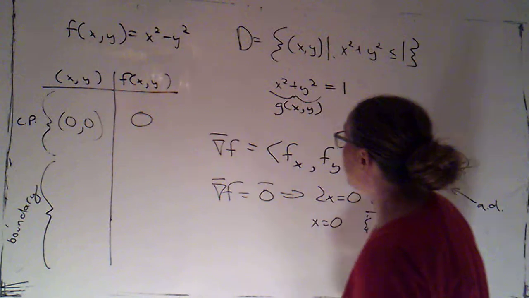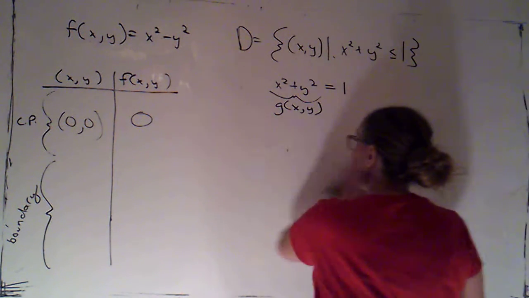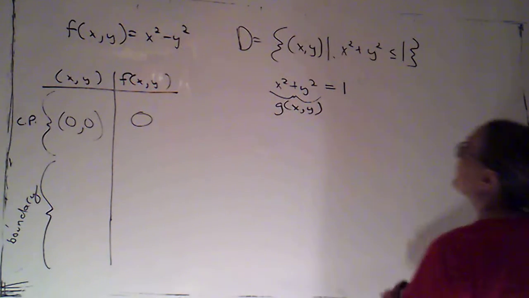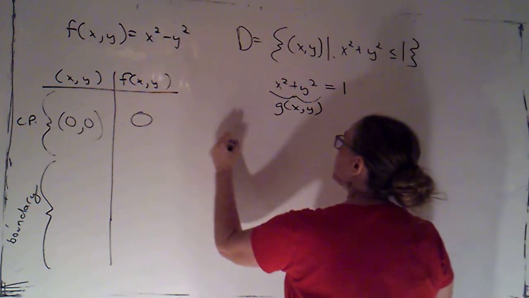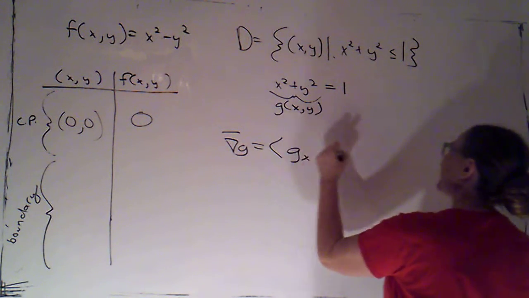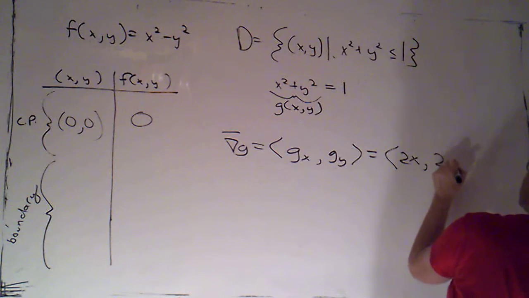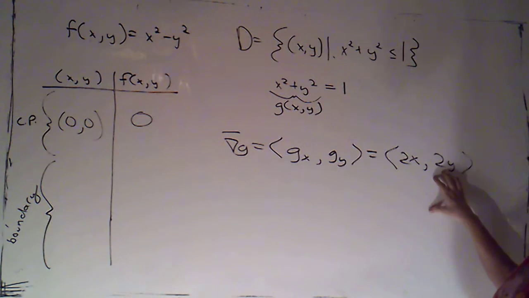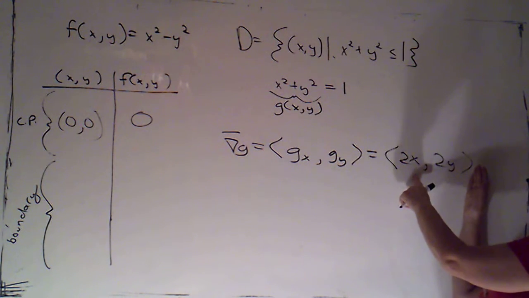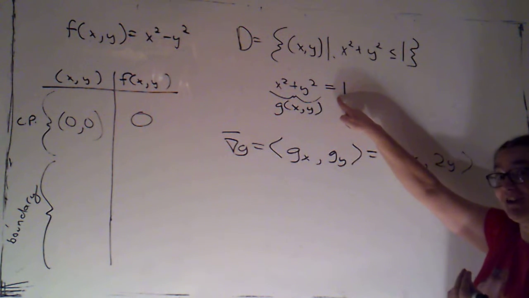All right, on the boundary, we're told to use the method of Lagrange multipliers. Okay, so the gradient of g is g sub x, g sub y, and that's just 2x, 2y. That would be 0 at the origin, but I don't care because the origin isn't on the boundary circle.